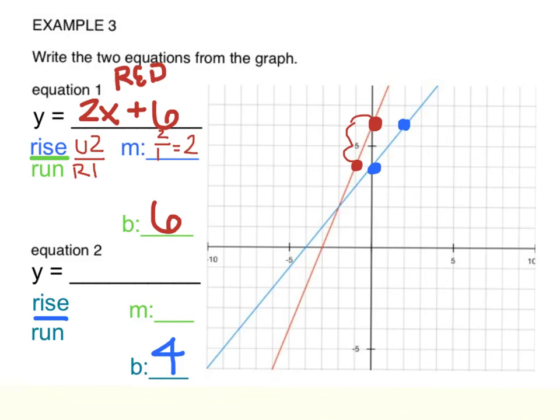Well, I see that I have to go up 2 and then to the right 2. Up 2, right 2 is the same thing as saying +2 over +2. And what is +2 divided by +2 reduced to? 1 would be correct. So the answer here, in slope-intercept form, is y equals 1x plus 4.